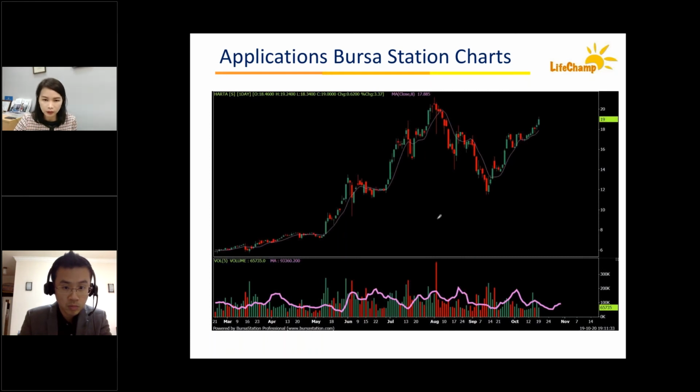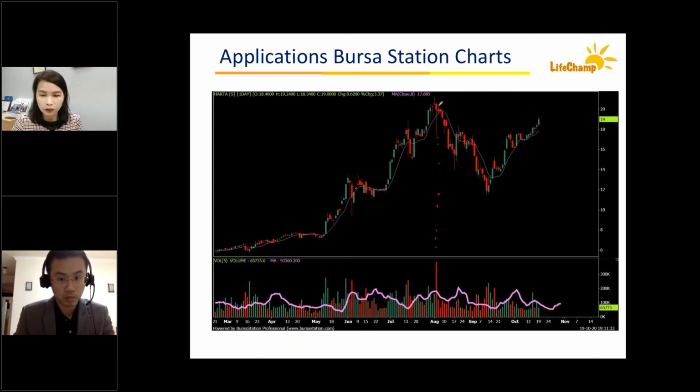Now, usually when you look at the chart, at one glance you identify these high volume bars. You single them out, and then you look back and say, oh, it's this candlestick that is doing that.